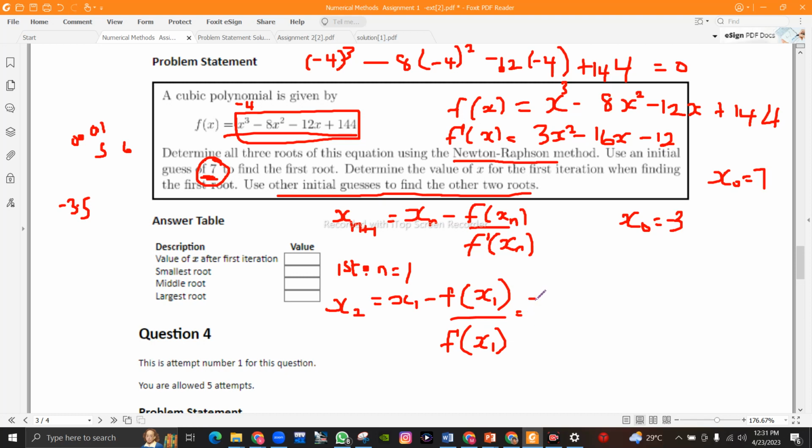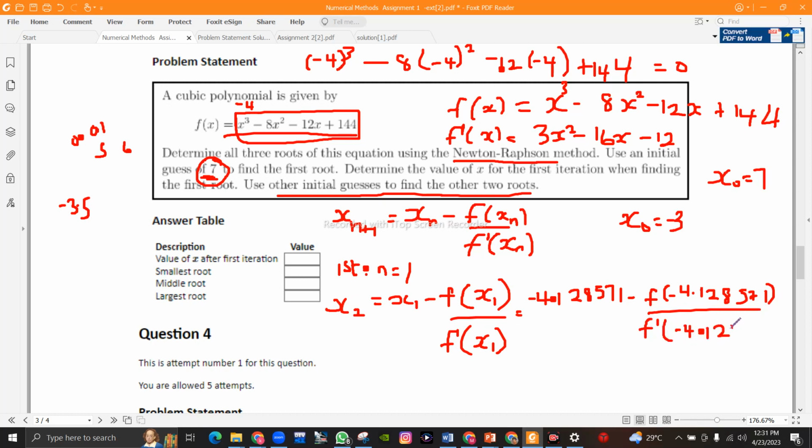So -4.12857 minus a function of that, -4.12857, divided by f prime of that number, -4.12857. 571.